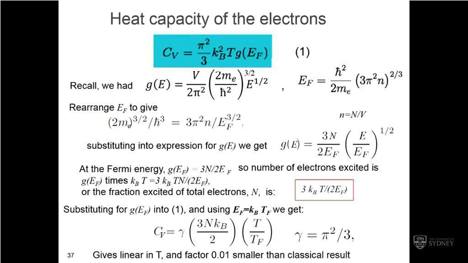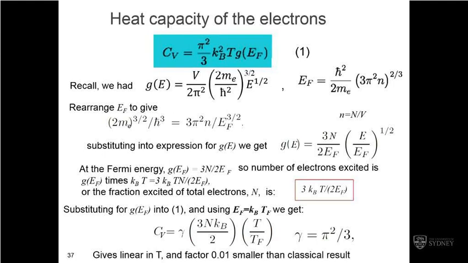So this quantity here is the number of electrons that are excited due to that application of temperature. It's quite important here. The number of electrons, 3 kBT n divided by 2E_F.